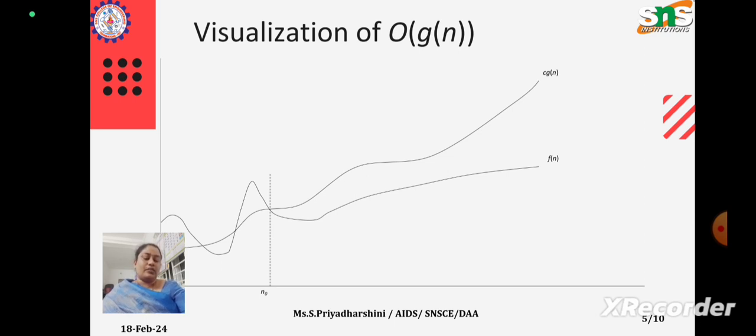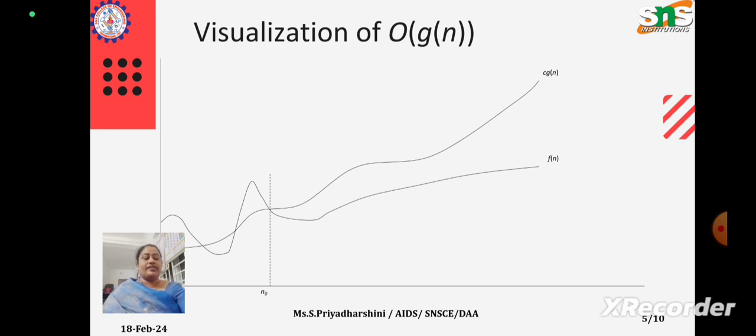So if I take c value as 3 and solve this, then n is less than or equal to 2n square. If I divide both sides by n, it will be 1 less than or equal to n, which means n should be greater than or equal to 1. For all values of inputs n greater than or equal to 1, this condition always holds and the c value should be 3.